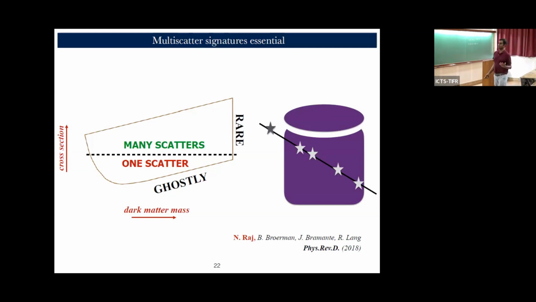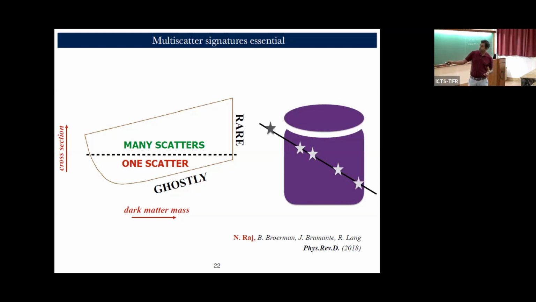Not so fast, because there's yet another effect of dark matter scattering that must be taken into account to actually do a search for these kinds of particles. What is that? I've shown that with this cartoon. If I increase the dark matter mass, clearly you're probing larger and larger cross sections to compensate for the decrease in the flux, right?